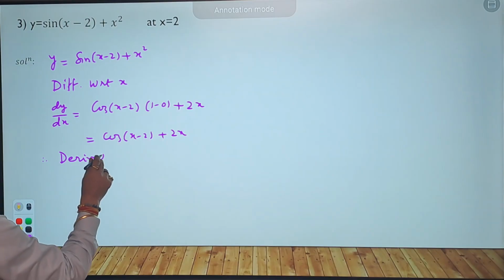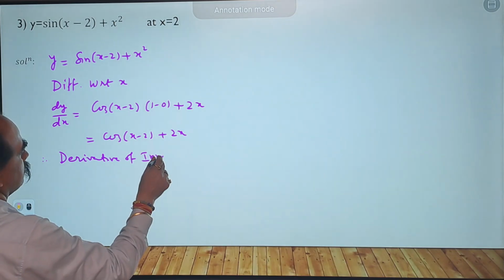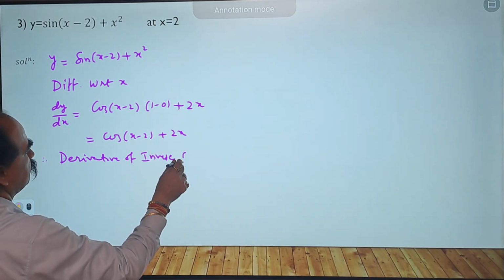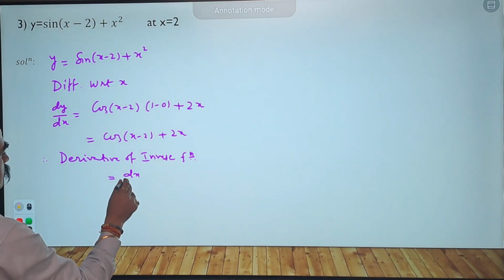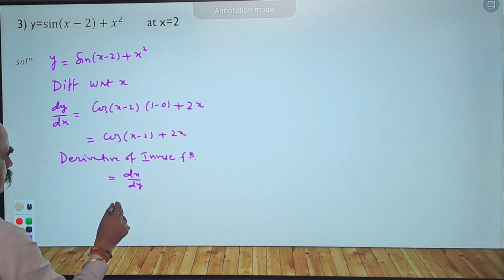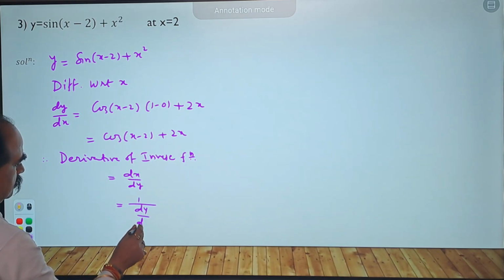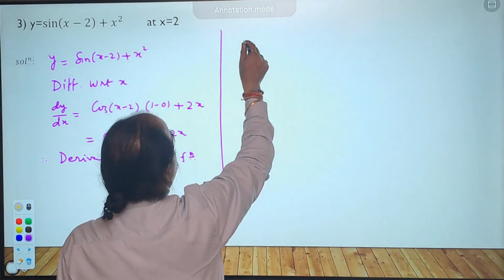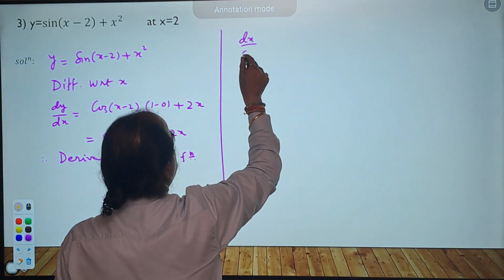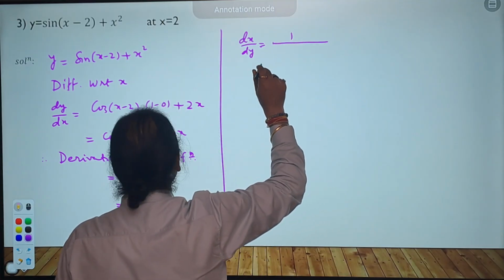Derivative of inverse function is one upon dy by dx. So dx by dy is what? 1 upon cos x minus 2 plus 2x.